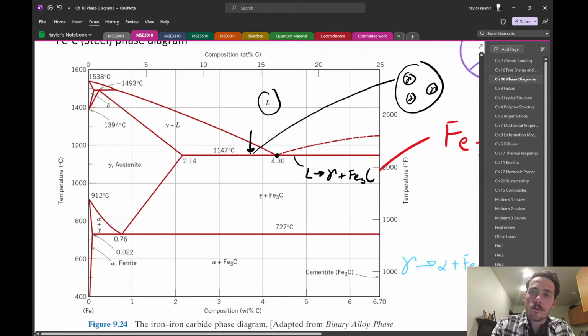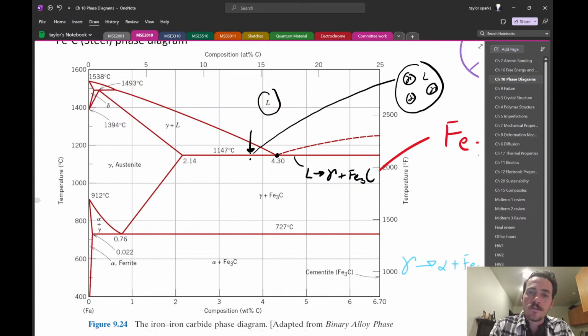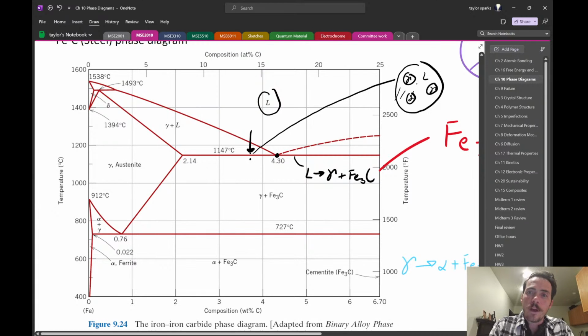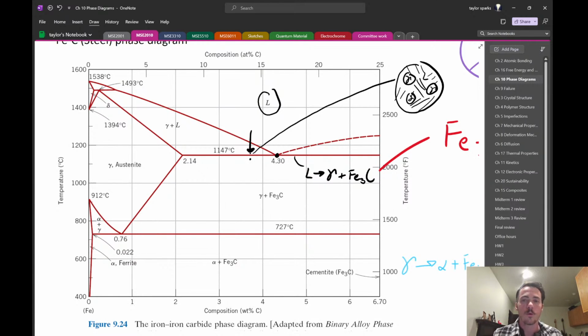But all of that remnant liquid, as soon as you cross over below this line, technically, from a thermodynamic standpoint, wants to transform nearly instantaneously to a mixture of gamma and Fe3C. Since it's happening very fast, it achieves that by forming these striped microstructures. We call those eutectic microstructures or lamellar microstructures, but that's a eutectic point.